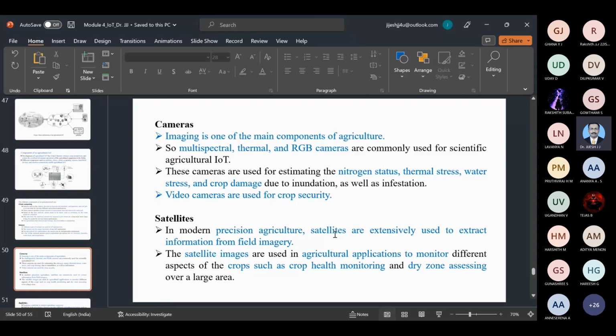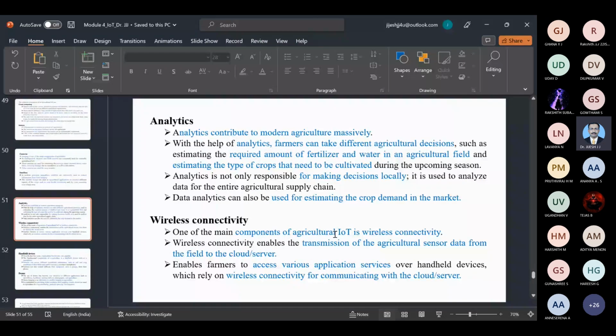With the help of analysis, farmers can take different agricultural decisions, and it can estimate the required amount of fertilizers and water required for the agricultural field. All those things we have already discussed, and you know that analysis of the entire place plays a major role in making appropriate decisions at the specific interval of time.